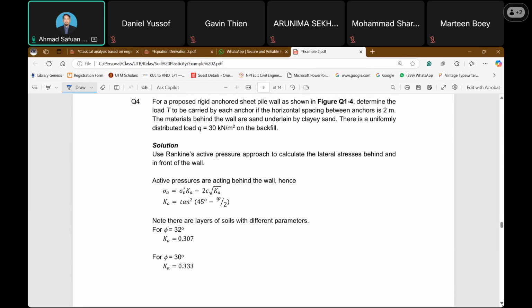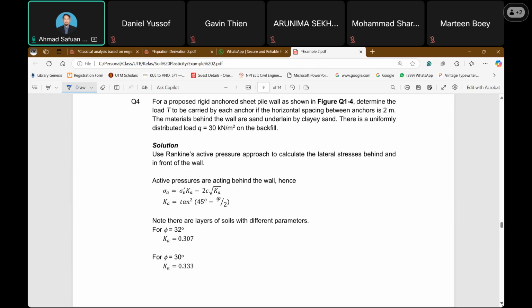Use the Rankine active pressure approach to calculate the lateral stress behind and in front of the wall. The active pressure is acting behind the wall. So we use the active pressure equation: sigma_v Ka minus 2c square root of Ka, where Ka is tan squared of (45 minus phi over 2).